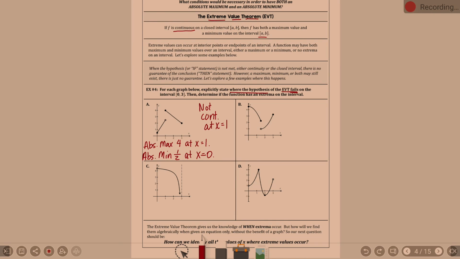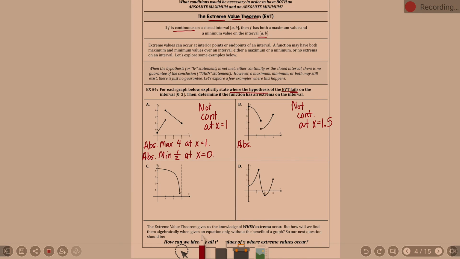B. Not continuous at x equals 1.5. So EVT fails at 1.5. What do we have in terms of extrema?